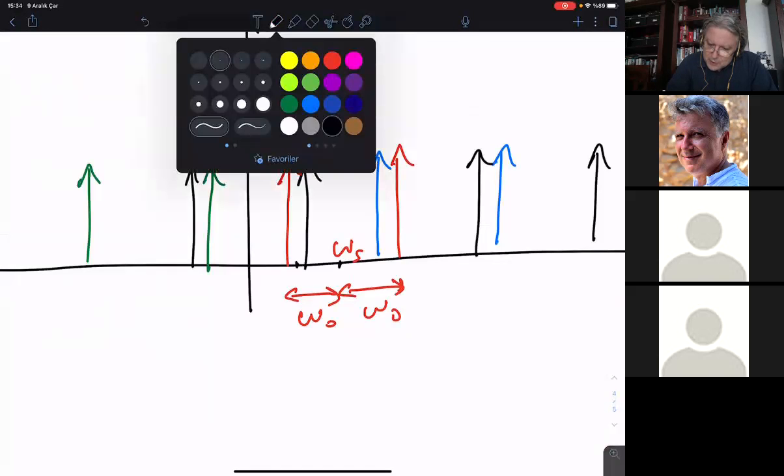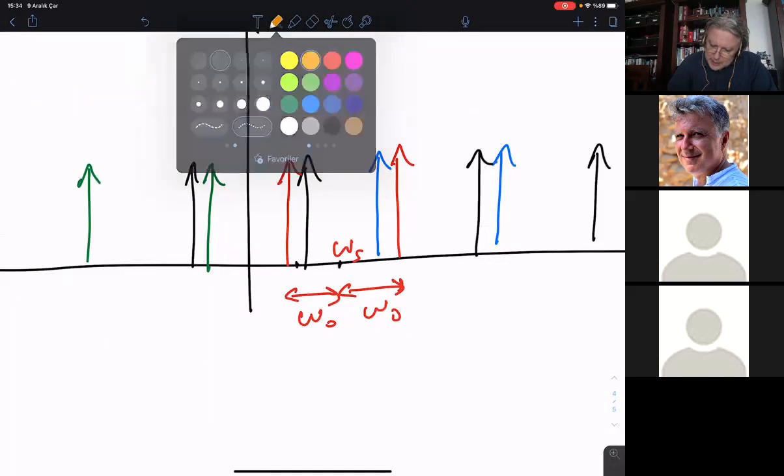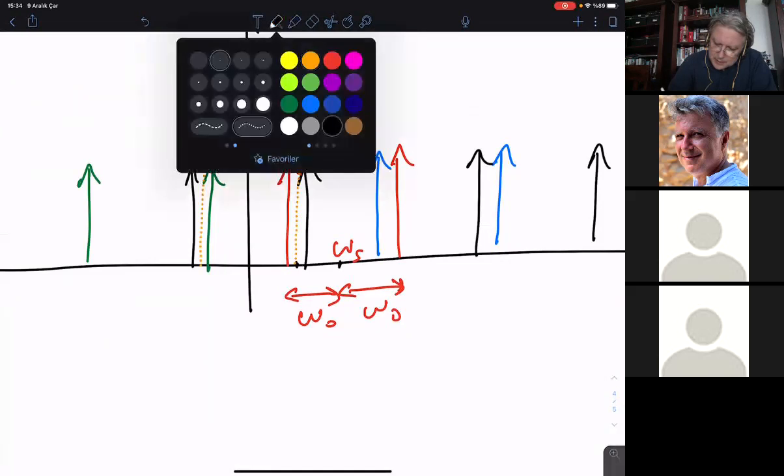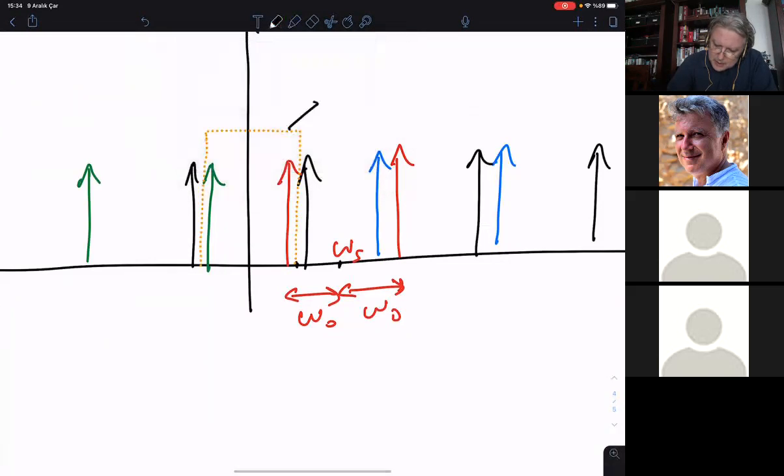I'm going to put a low-pass filter at omega s over 2, as if I was doing something correct. This is a low-pass filter with cutoff frequency omega s over 2.